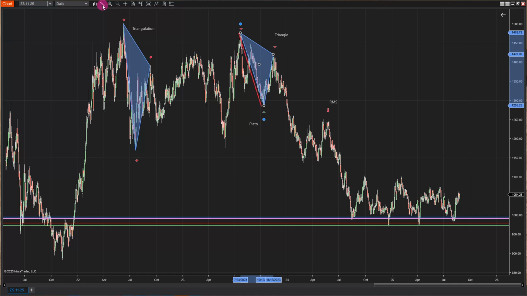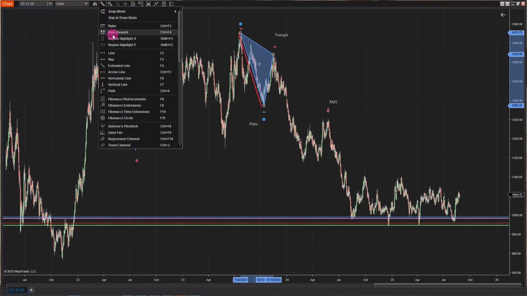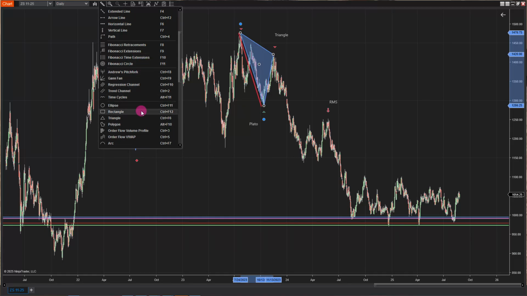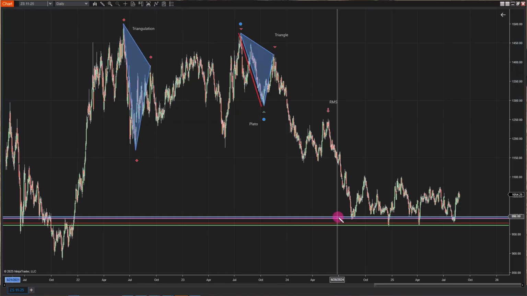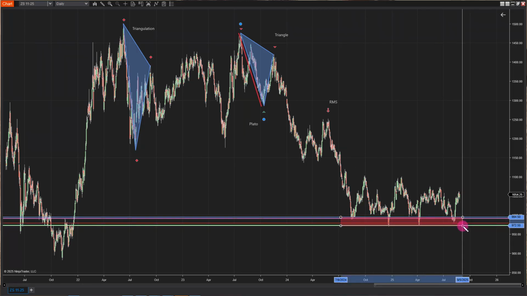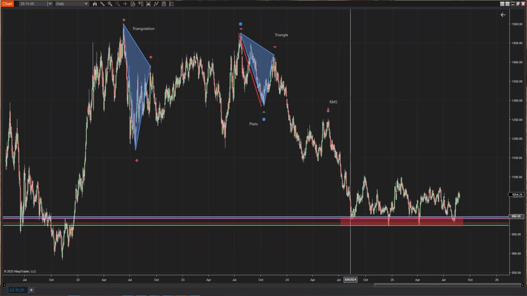So I had 4 levels sandwiched together right there, and that gave me this area where these 4 lows have come in. So that particular set of calculations gave me this zone that caught all 4 of those bottoms.